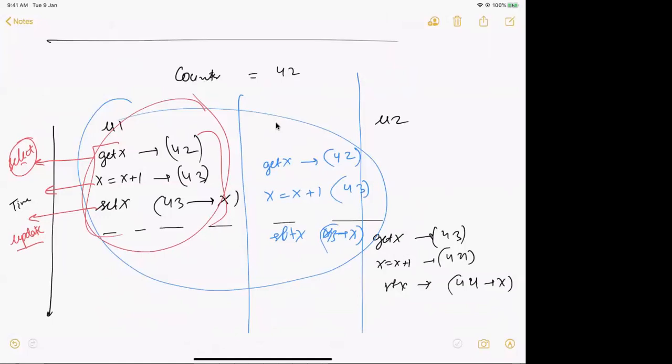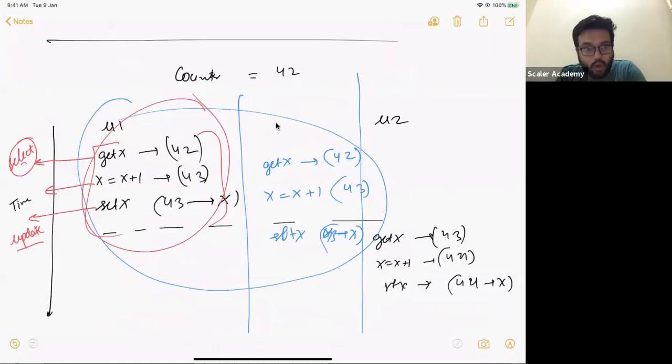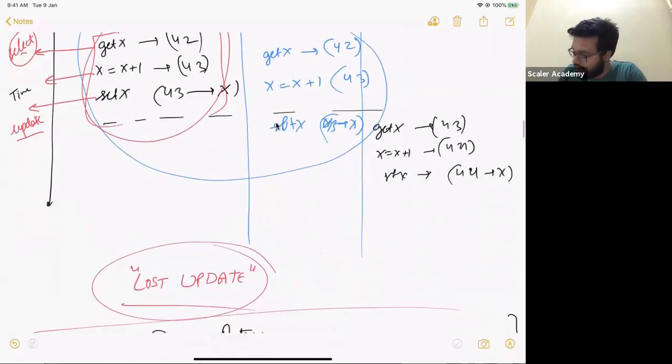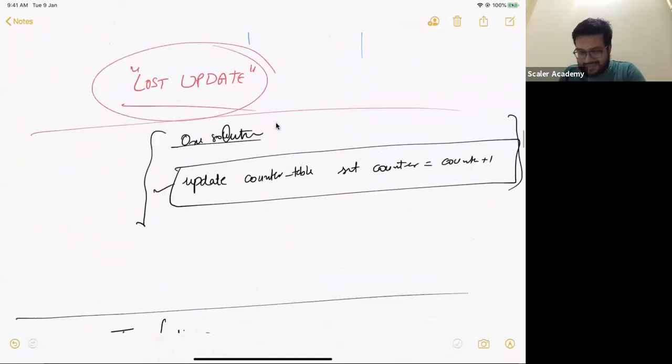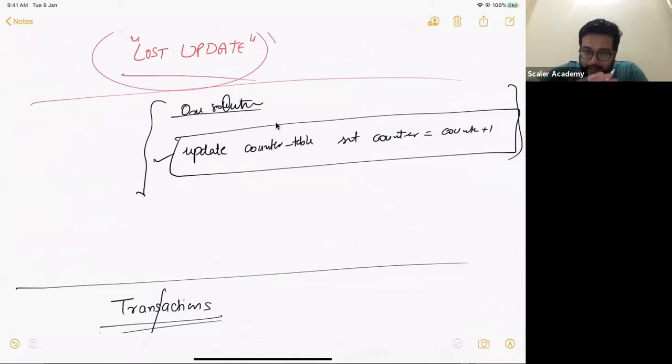Yeah. One possible solution that I told at that point in time, but I did not follow through, was this. If you remove that select statement and only have one update statement, which goes something like this, saying update counter table, set counter is equal to counter plus 1. Do you guys see what I'm doing here? I just somehow merged those two statements, one select plus one update, into one update statement.